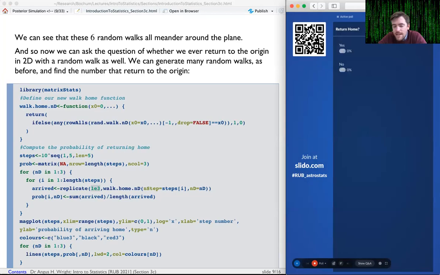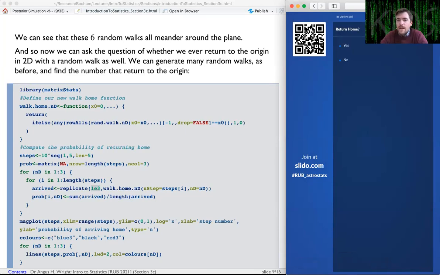If you have an infinite number of steps, do you think you will find your way home in 3 dimensions, in a random walk where you step randomly in each dimension? Again, we'll wait until this one has a requisite number of people, and then we will continue.